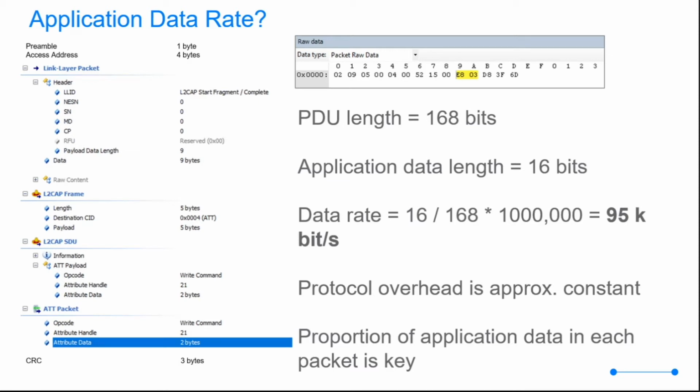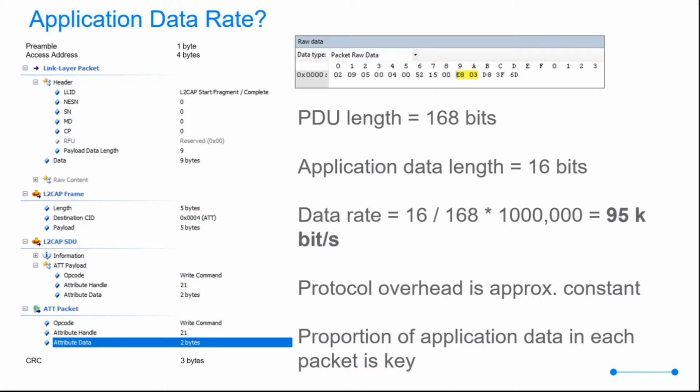Now, because the absolute amount of protocol data in each packet is fairly constant, it's the proportion of application data in each packet that most influences the data rate as measured at the application layer. So this is one of the key ways in which we can influence the application data rate. The larger the packet and the more application data in each packet, the faster will be the application data rate.